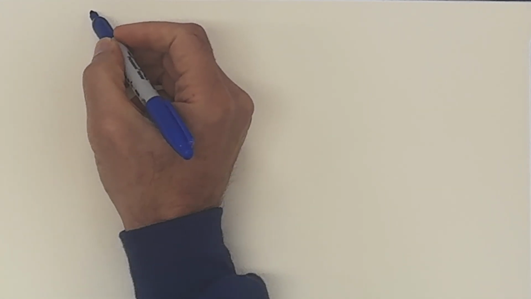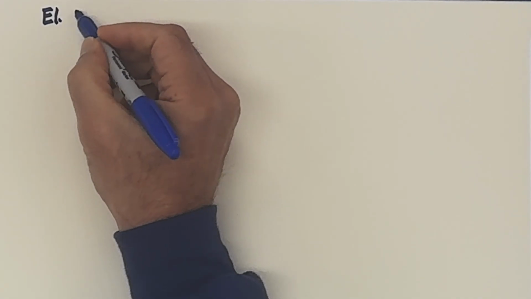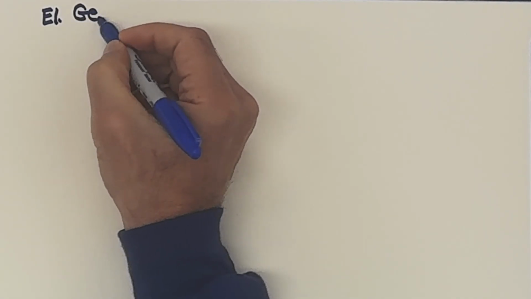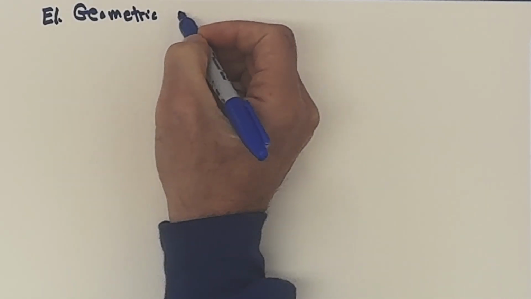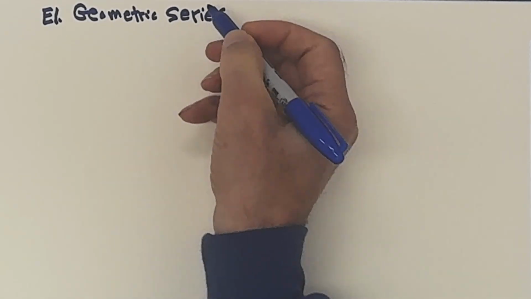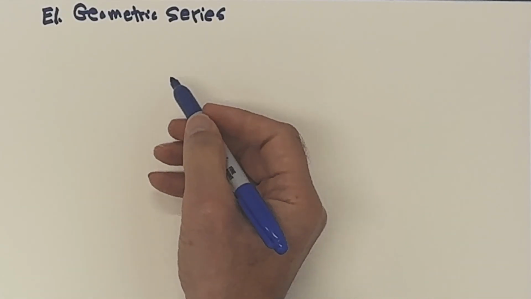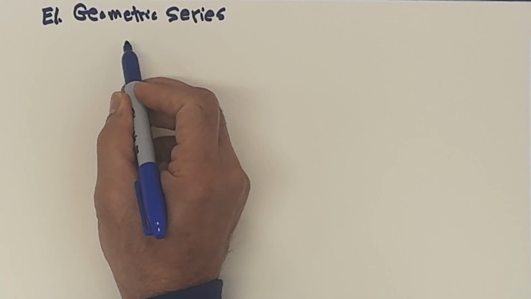Chapter E, infinite series. And the first series we're going to consider is the geometric series. Now this series can be written as a term. You could pick a constant.